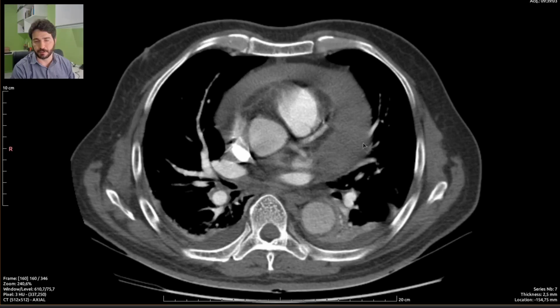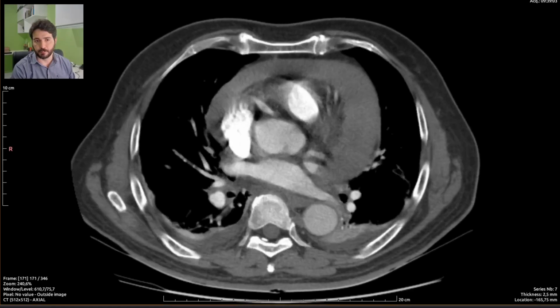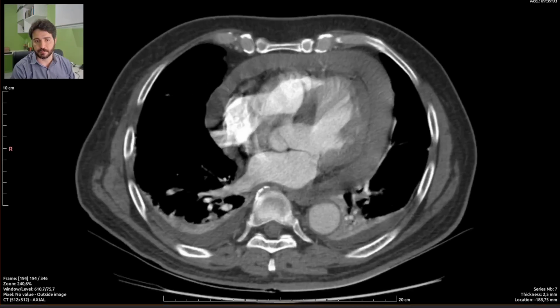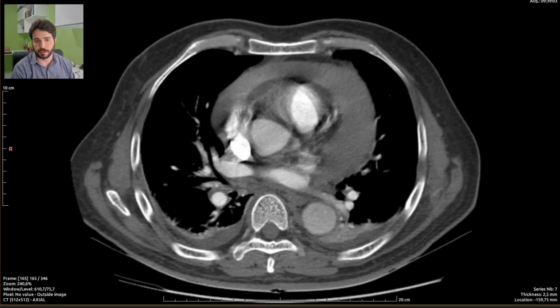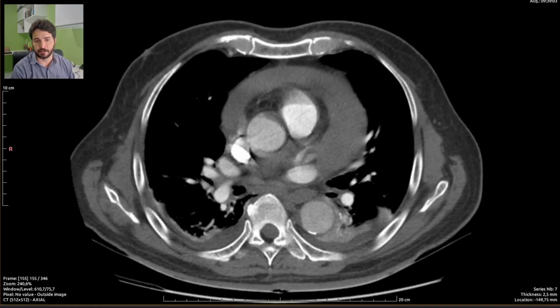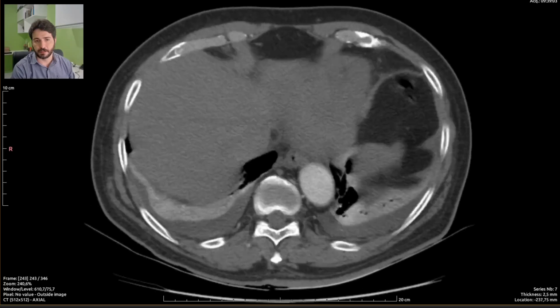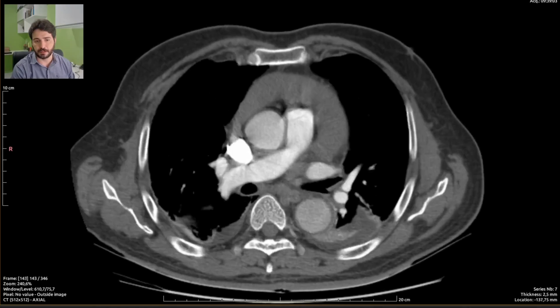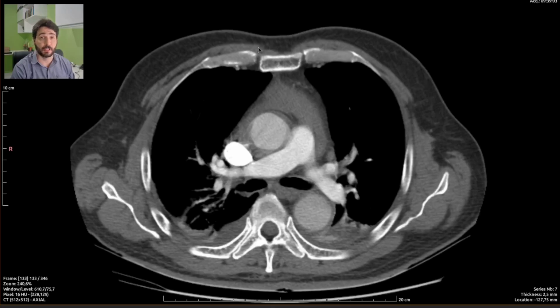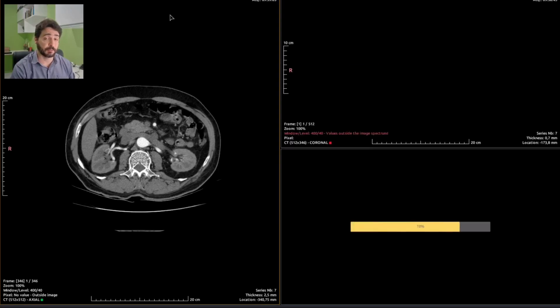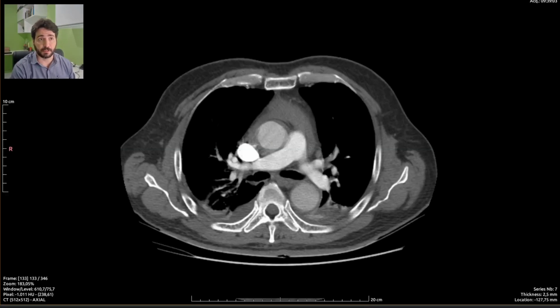So be aware of the middle lobe arteries, which are horizontal and can be kind of misleading. So we can hit MPR and see if we find anything, especially on the sagittal plane. The sagittal reconstruction really helps a lot.